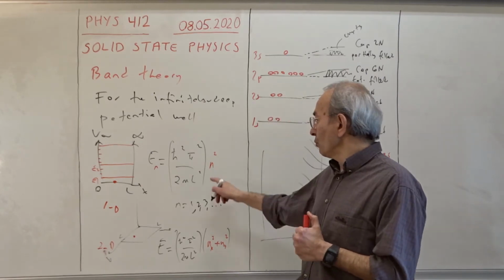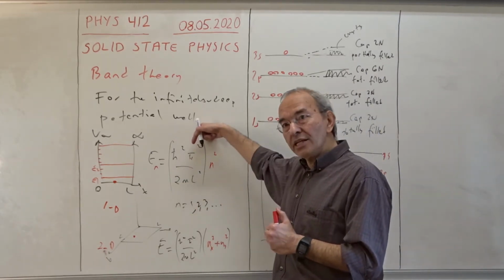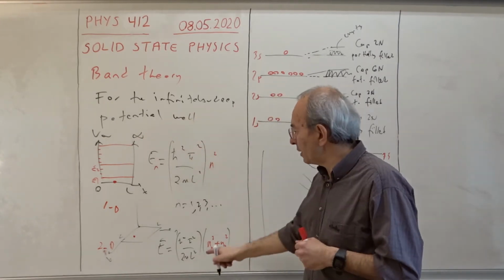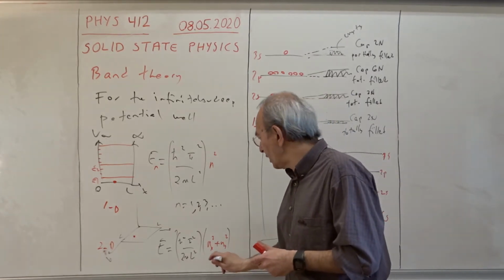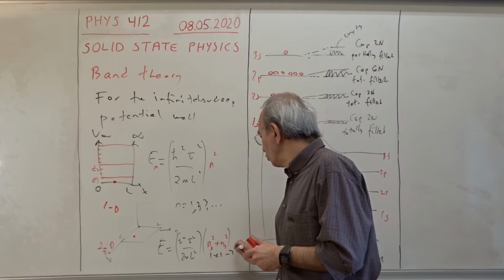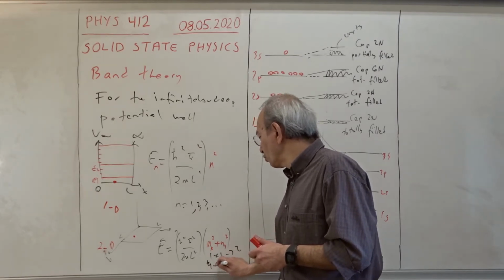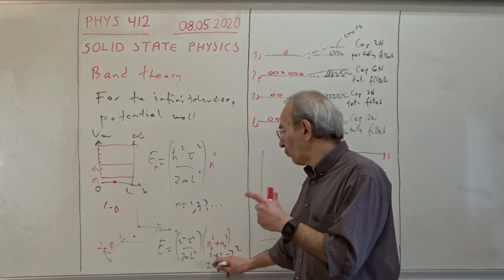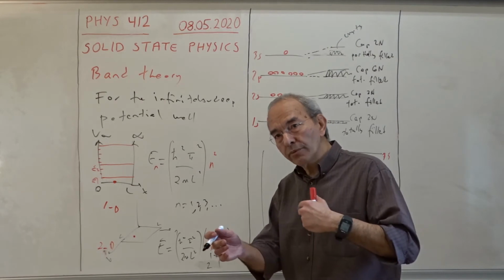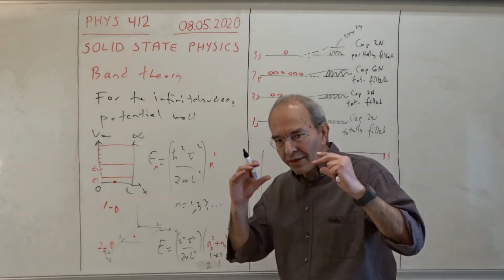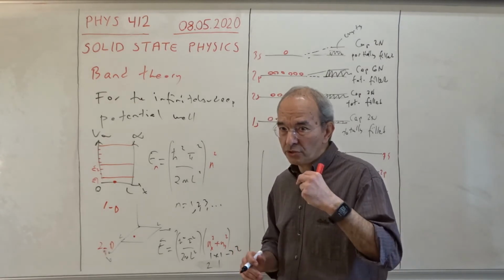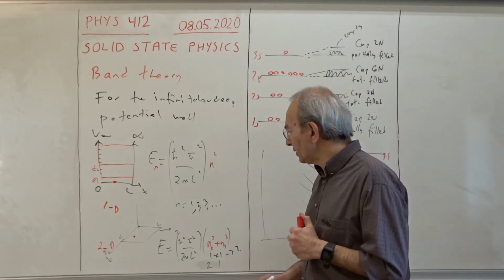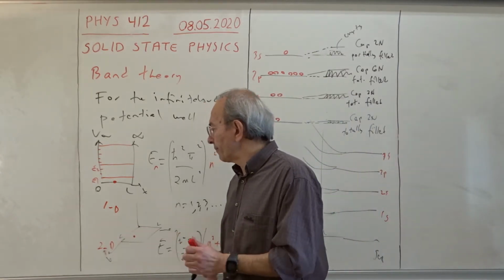In the one-dimensional case the values go as 1, 4, 9, 16 times that unit. But in this two-dimensional case, it goes as 1 plus 1, which is 2. Then 2 squared, 4, plus 1, which is 5, or 1 plus 4, also 5. They are degenerate states, as I said before, corresponding to the same energy. These are also discrete states.